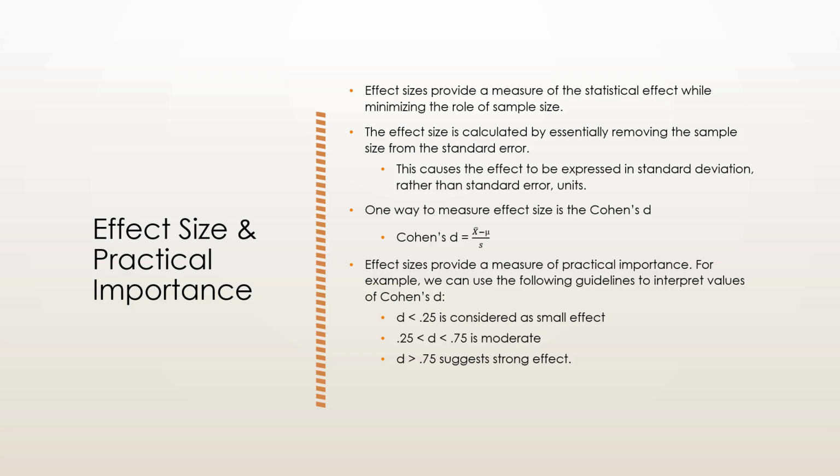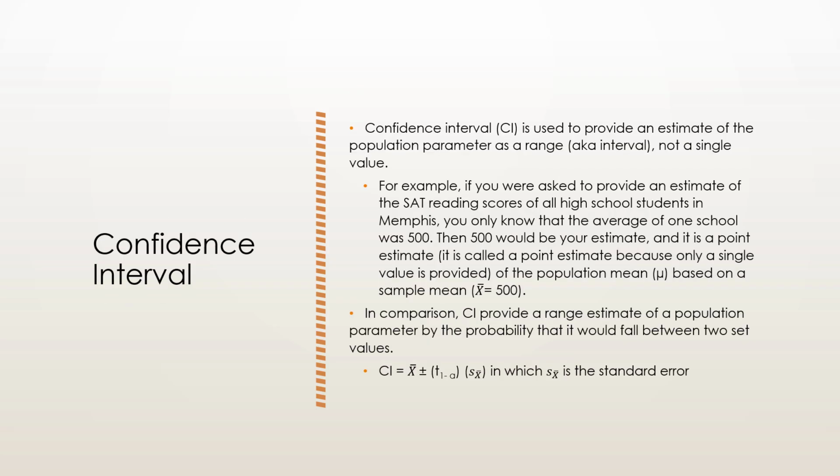Different statistical tests use different effect size measures, but the purpose is always the same, to show the practical importance of a result. A confidence interval provides a range estimate of the population parameter instead of just a single value.